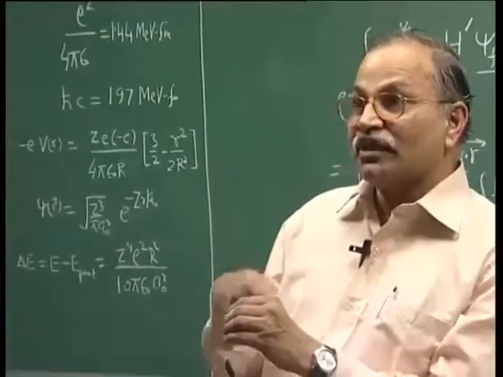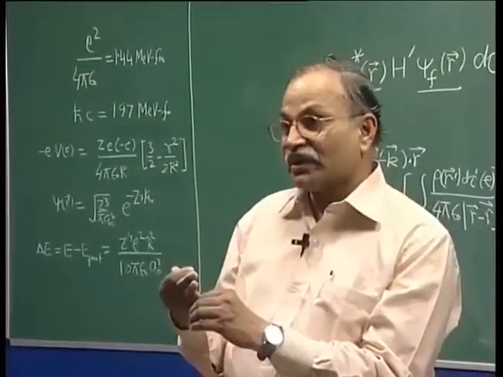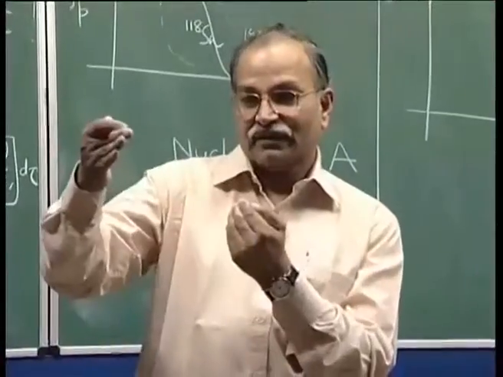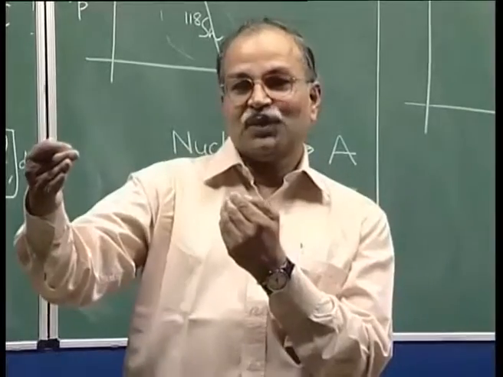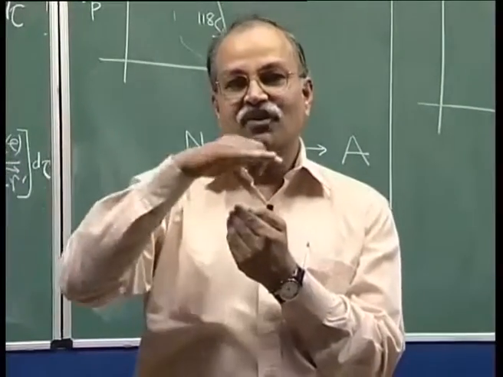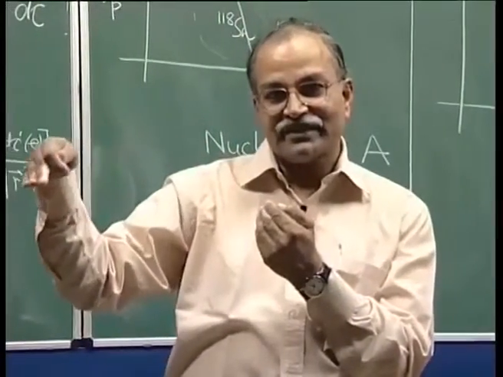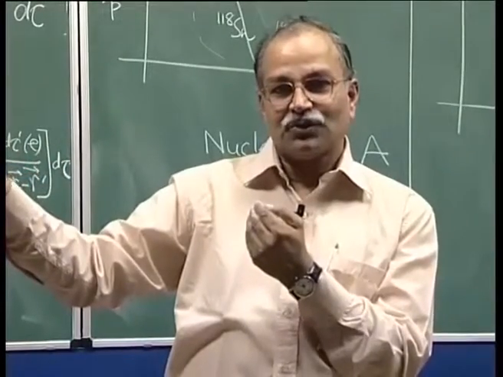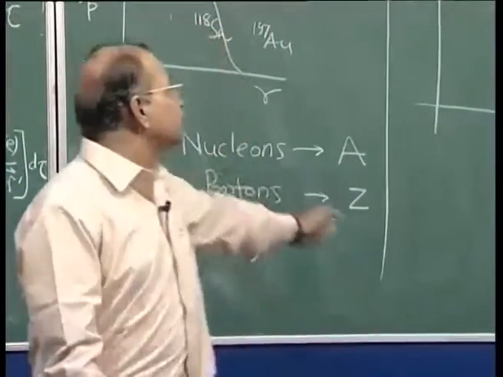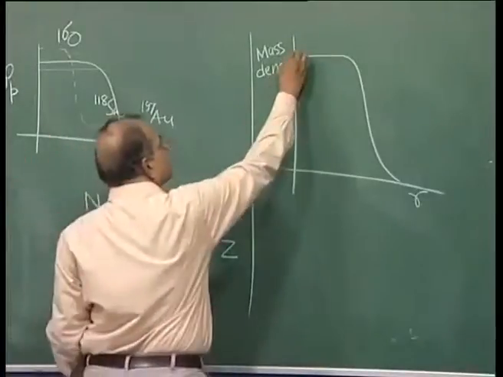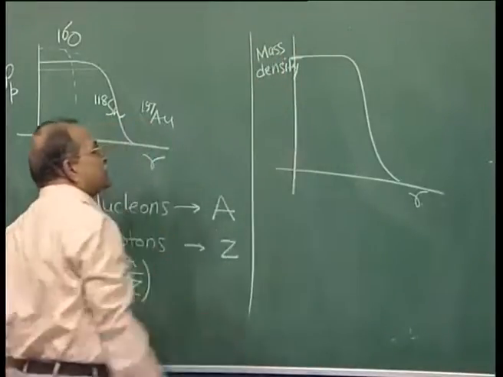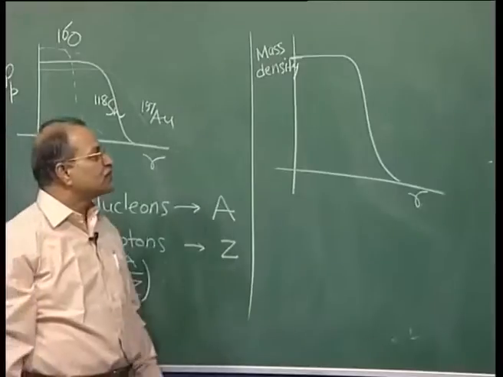The nucleus is a quantum system, it does not have a sharp boundary. It is not that up to here you have the nucleus and after that nothing is there. The mass density gradually decreases and goes to 0. And this number here, rho naught, is almost the same, 0.17 nucleons per femtometer cube or so.